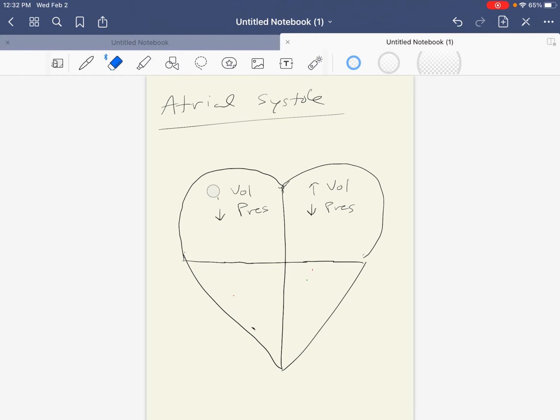All right, now let's talk about step number 2. The first phase of the cardiac cycle was atrial systole. The second step of the cardiac cycle is ventricular systole. This has 2 parts.